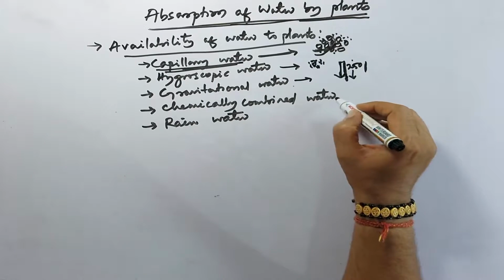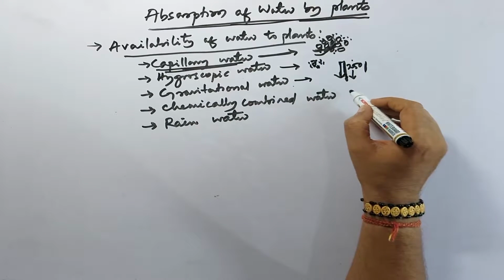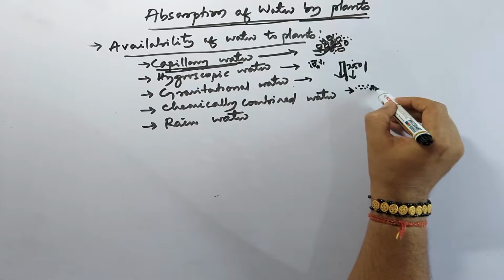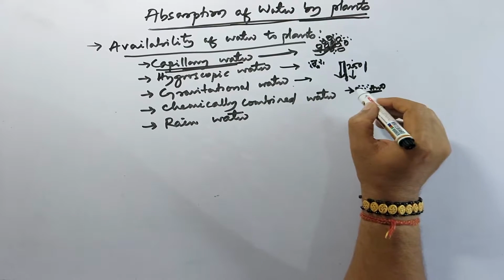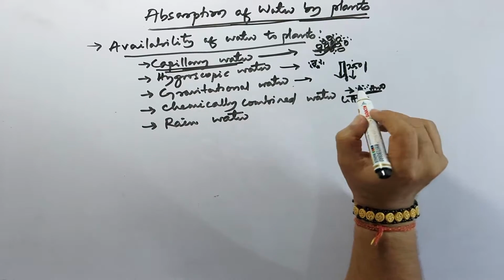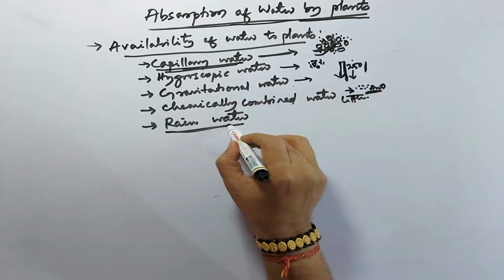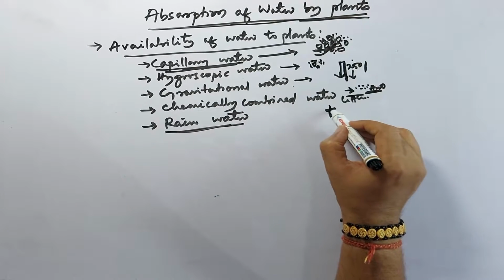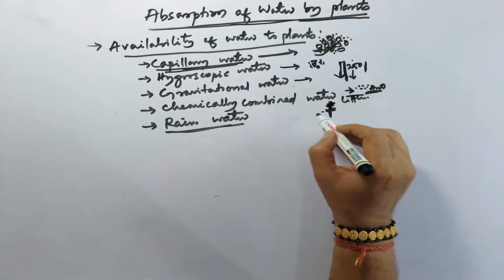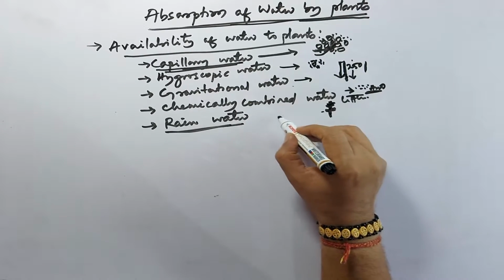Chemically combined water means sometimes some biochemical reactions taking place in the soil result in water by different chemicals, so it also has very little importance. And rainwater is the direct water falling on the plant, by which a wilted plant can get refreshed, but it is not the ultimate source for the plant.